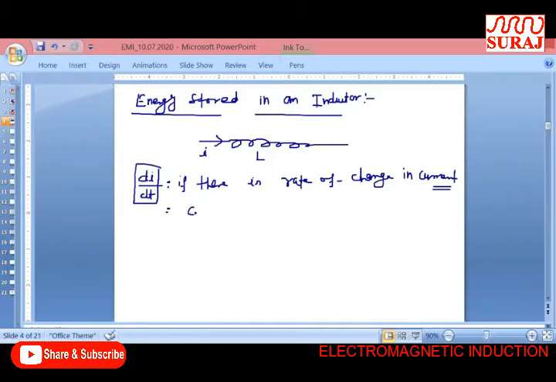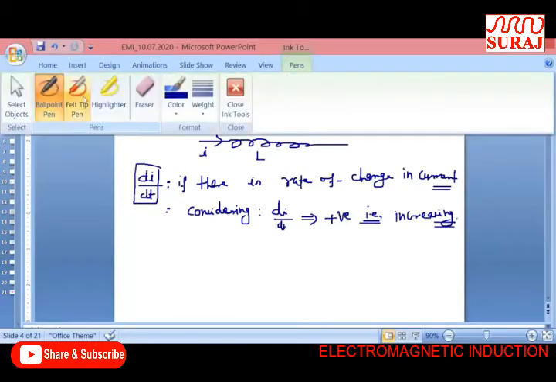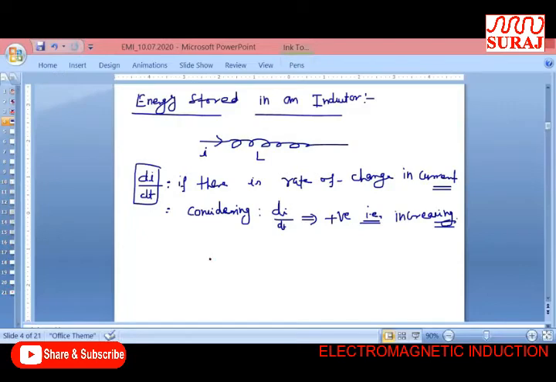Suppose I assume here that di by dt is positive. Positive means it is increasing. Whenever di by dt is positive, it means the current through the circuit is increasing. Okay, fine.